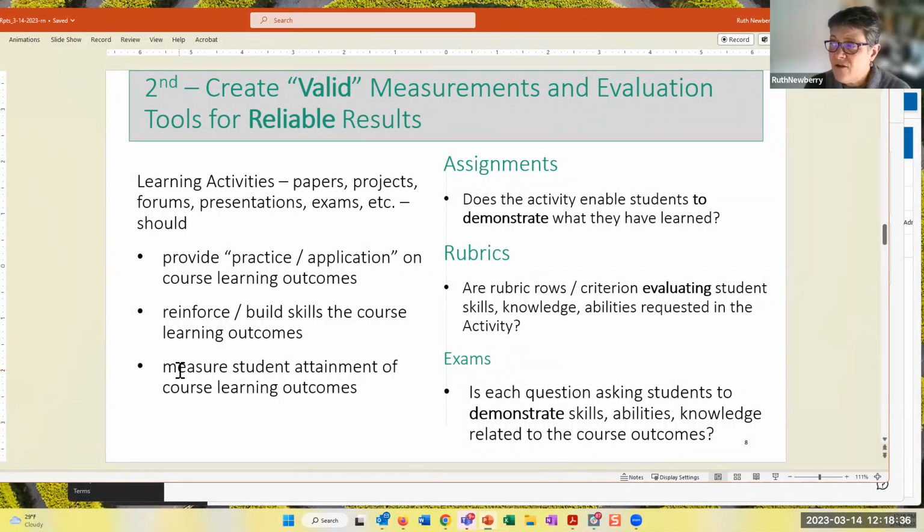So when we think about the assignments, the rubrics, and the exams, we want to be sure that they are valid. And by validity, only the content expert really knows if the question, the rubric, and the content are truly aligning, and aligning at the level that they should.